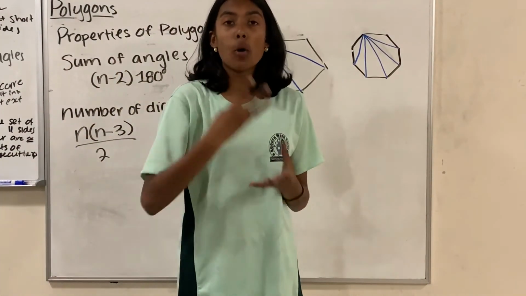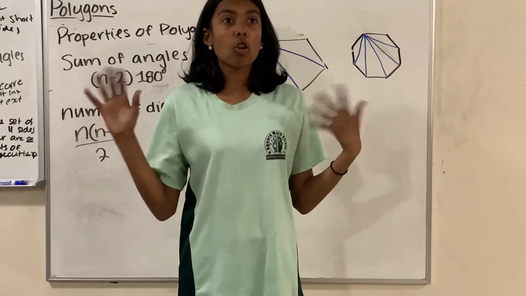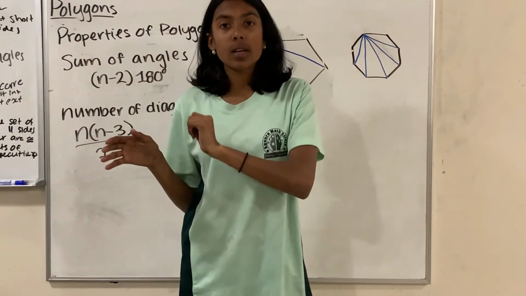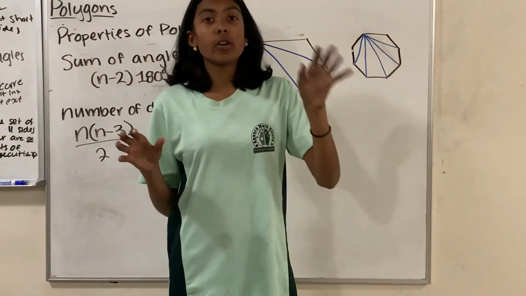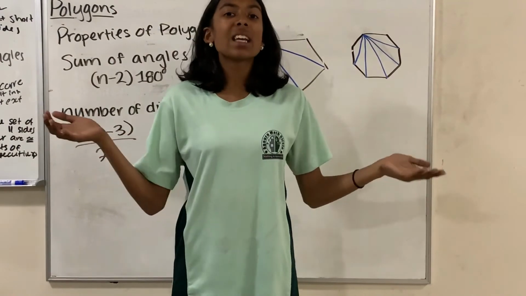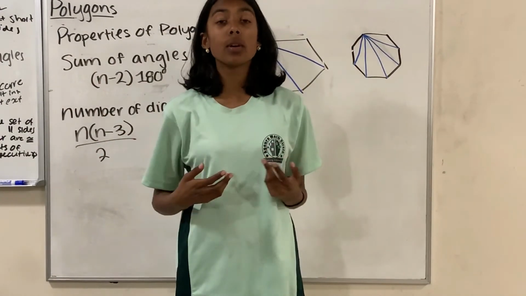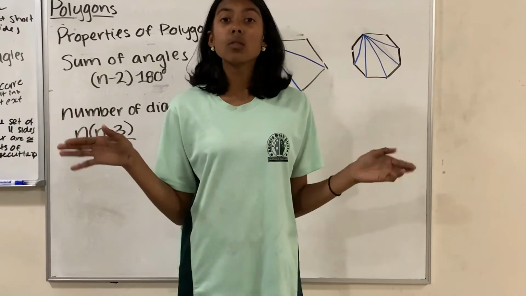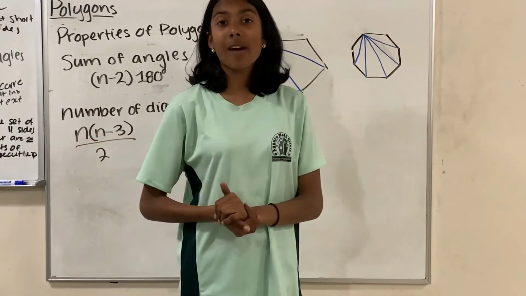So that's 3 points each point does not connect to, meaning n minus 3. And so that's for each of those n points, which is n. But a diagonal connects 2 different points, meaning you overcount each of them twice. So you divide by 2.